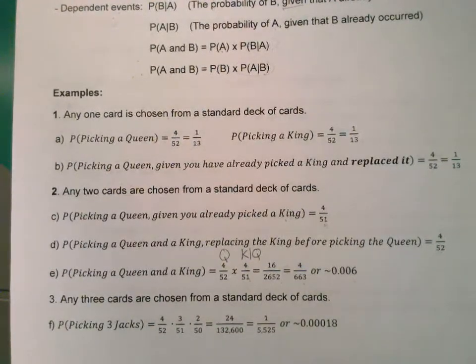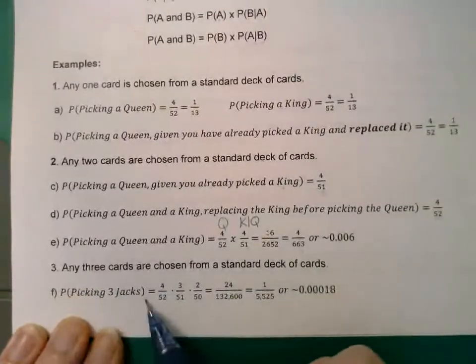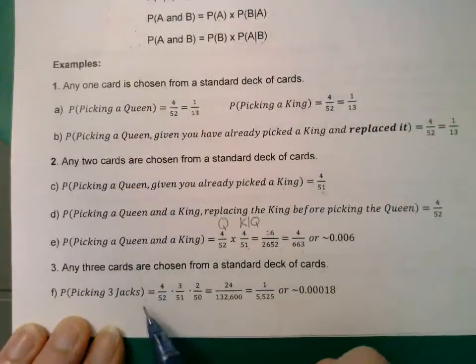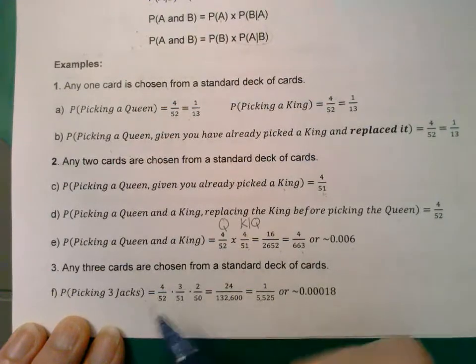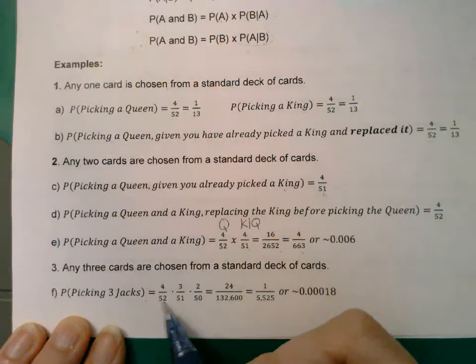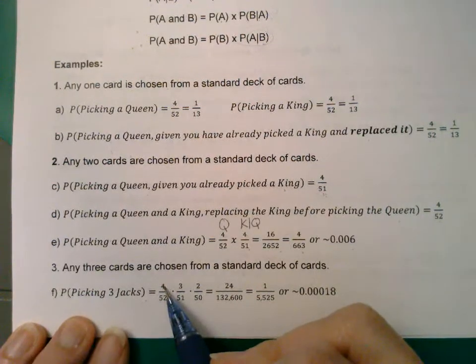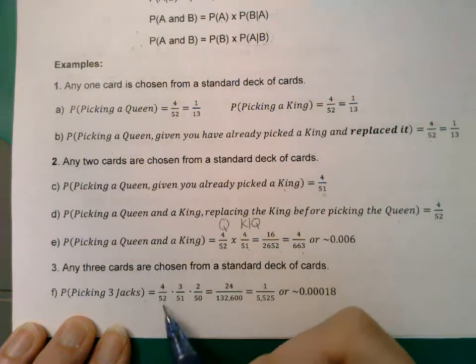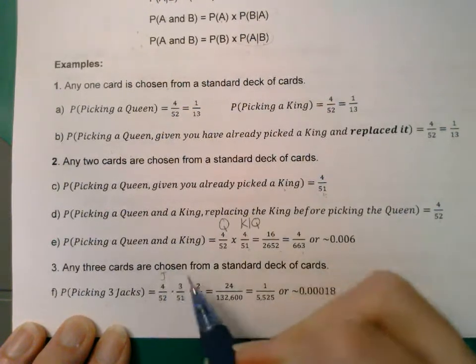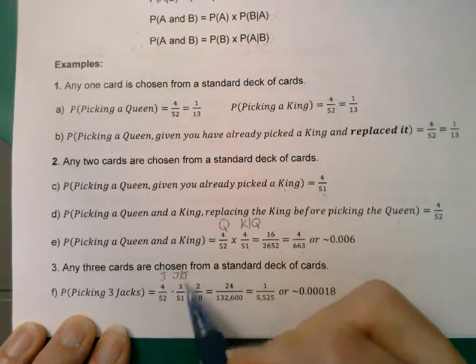And then the probability of picking 3 jacks in a row. There are quite a few ones like this in the homework. Picking your first jack, we haven't picked anything yet, so there's 52 cards in the deck and 4 different jacks available. Given that we've picked a jack already, we want to pick another jack.